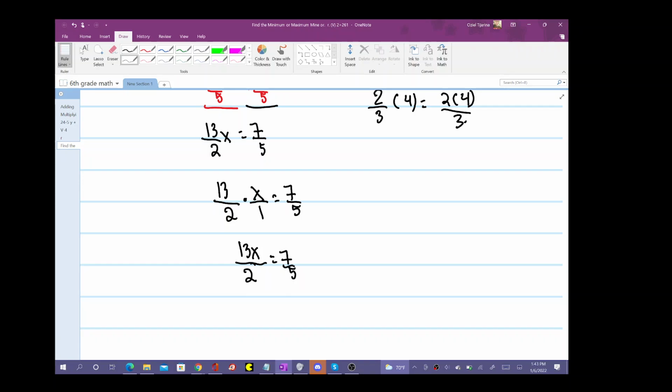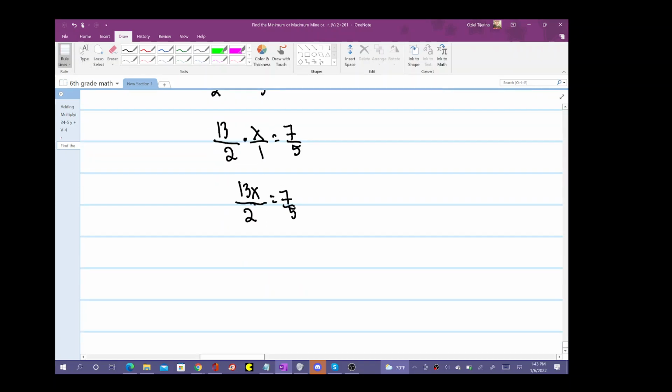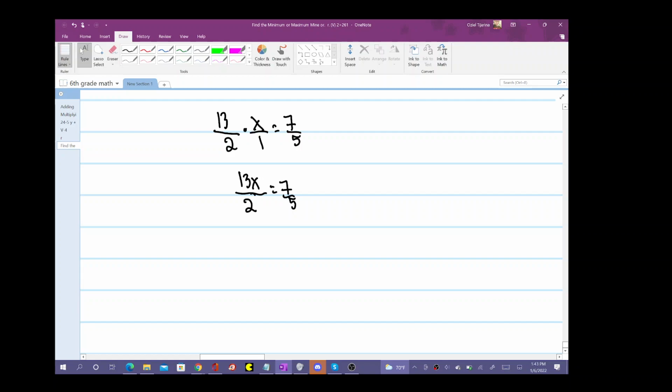Now we have 13x over 2 equals 7 over 5, so we can do something called cross multiplication. If a over b equals c over d, then that means a times d equals b times c.